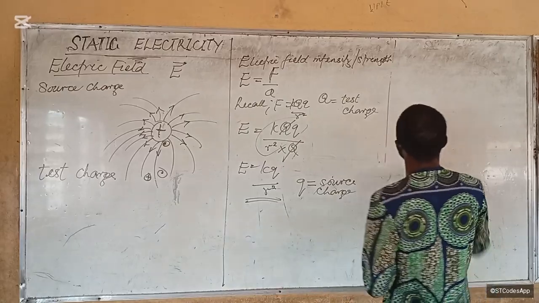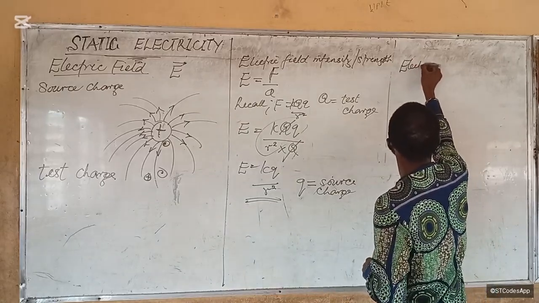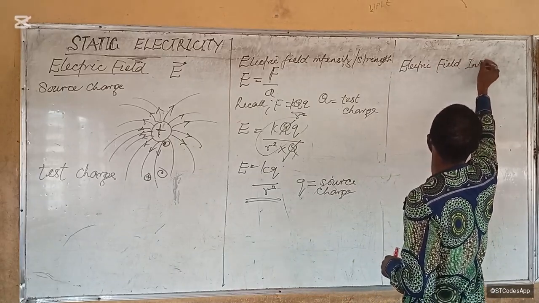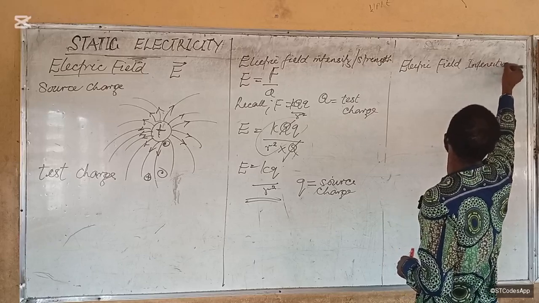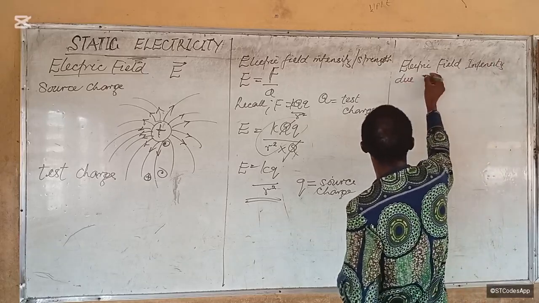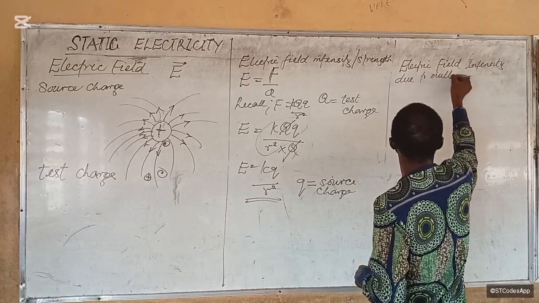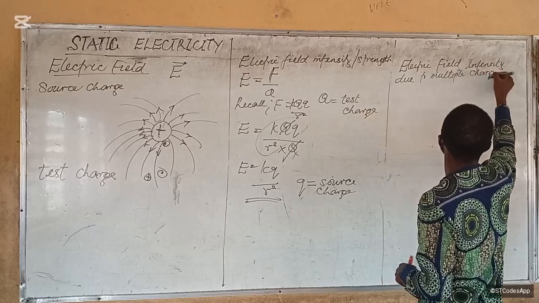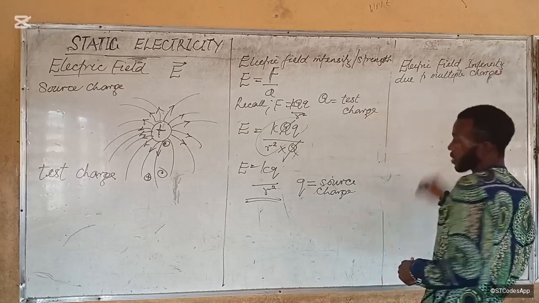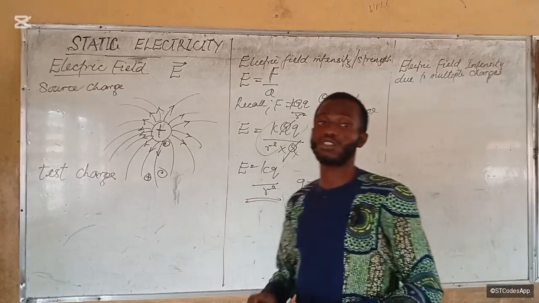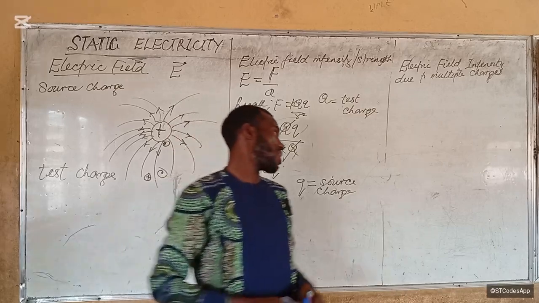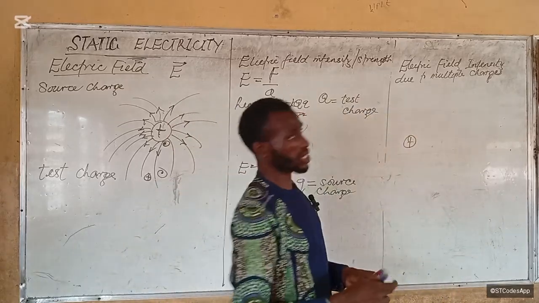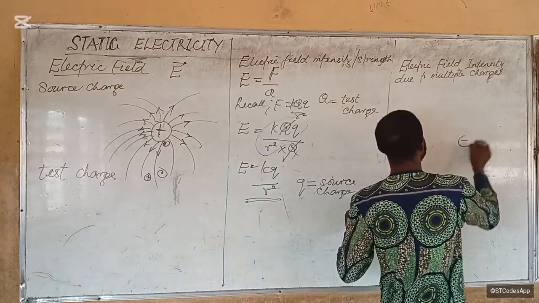We said electric field intensity due to multiple charges. All right. Now, the electric field intensity due to multiple charges simply means that if there are two charges, for example, multiple charges means more than one charge.